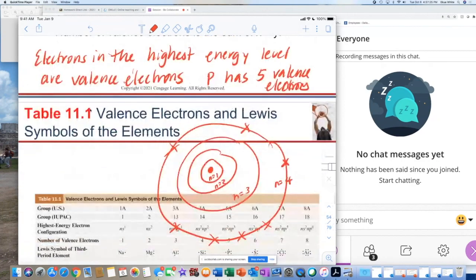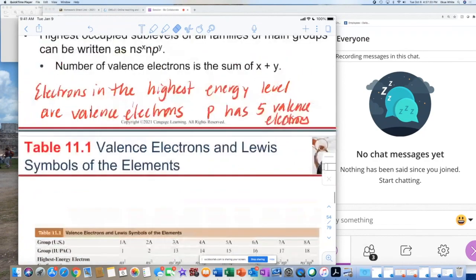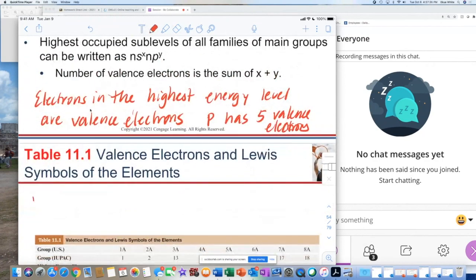I need to mention one more thing. Please notice the valence electrons equal the group number. They haven't mentioned it yet, but I'm just telling you right now. The number of valence electrons equals the group number.